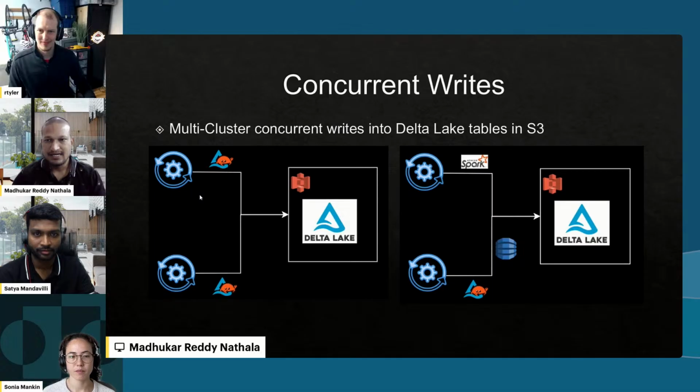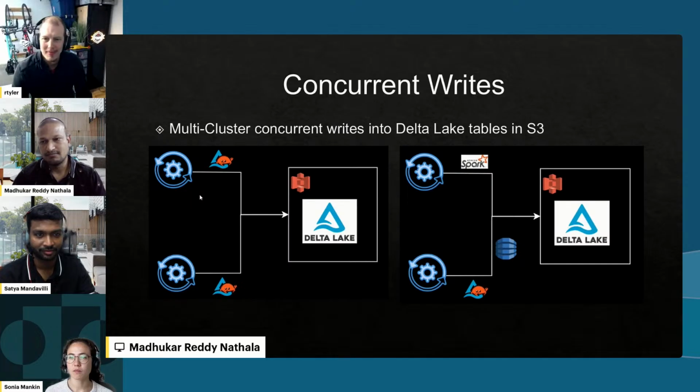Okay, so we have another challenge and use case, for which we also took help from Tyler and teams. This is the use case of multi-cluster concurrent writes into Delta Lake tables. Initially, Delta Lake had limitations for multi-cluster writes, especially to AWS S3.